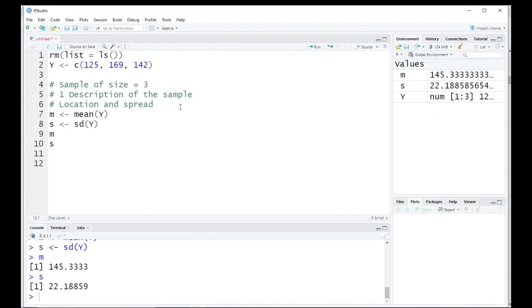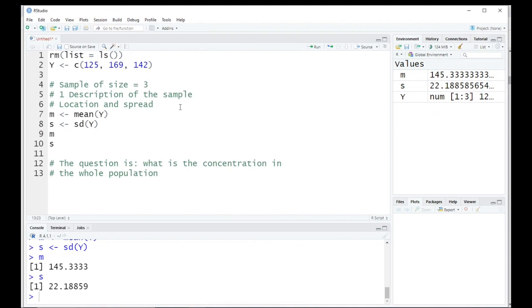Now the question is, what is the concentration in a whole population? So we stop looking at the sample.